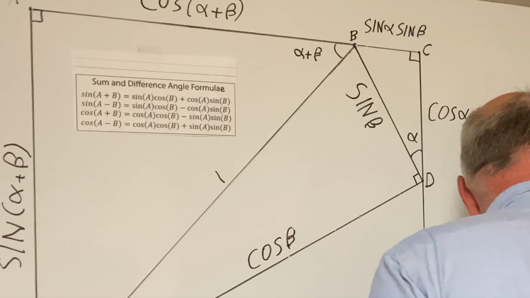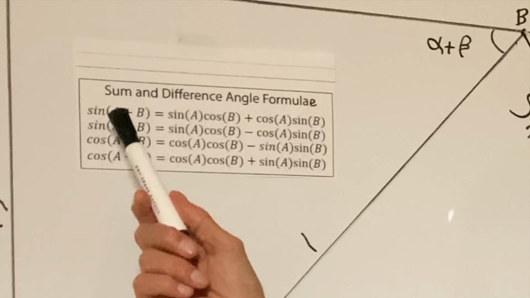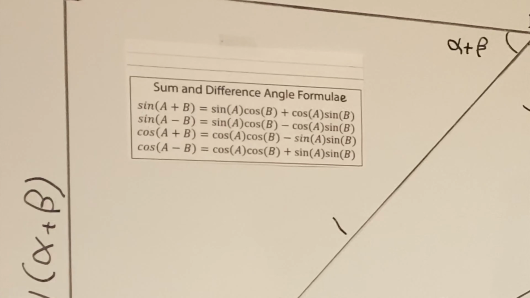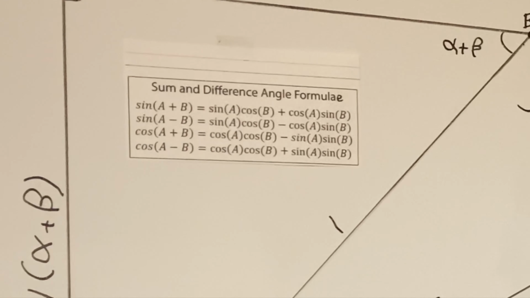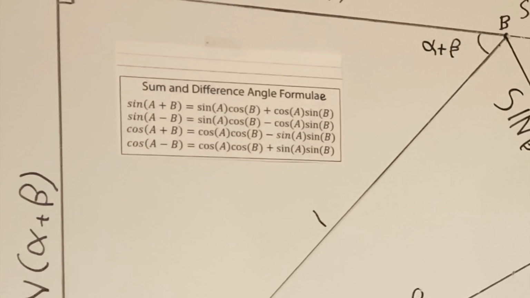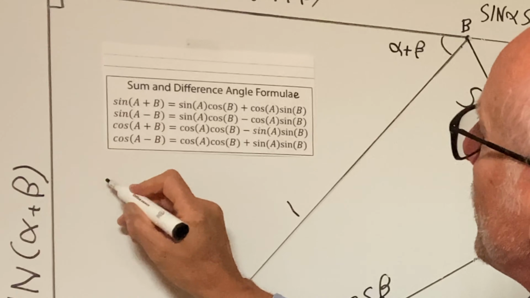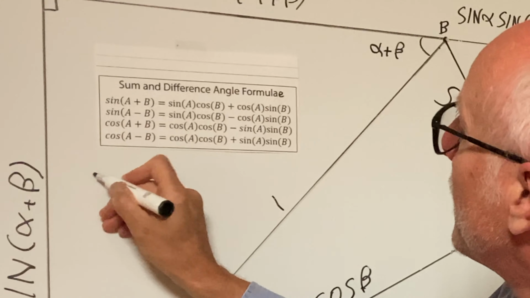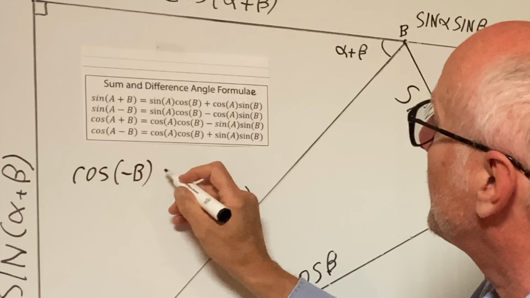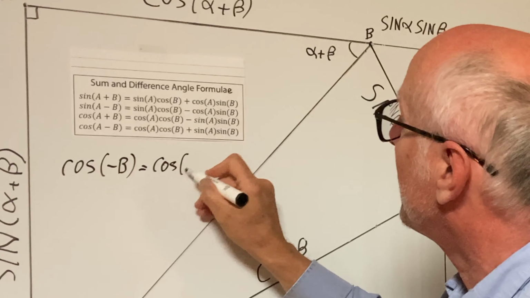And notice, so we have a sine of a plus b and cosine a plus b. If we use the odd and even function symmetry of trig functions, guess what? We know that cosine of minus b equals cosine of b.